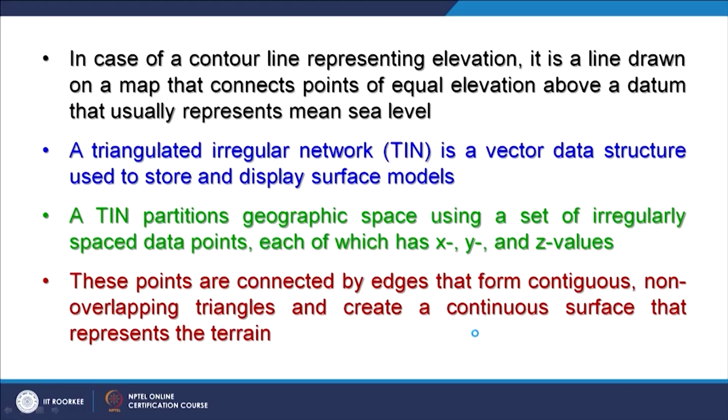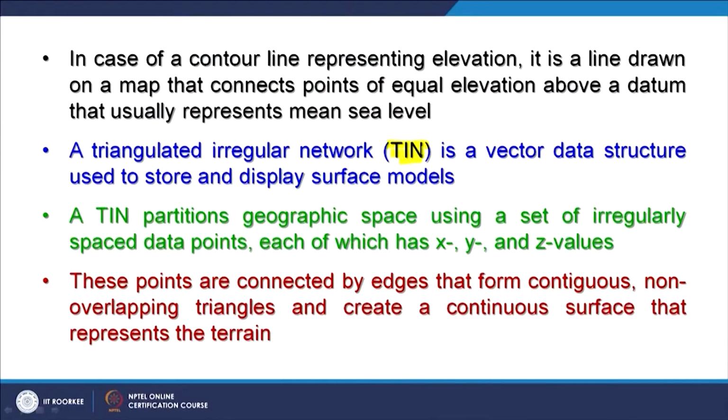But this is only true in the case of a digital elevation model. If I am creating a surface for rainfall or for some other concentration of elements in water or soil, then this above mean sea level issue will not come.